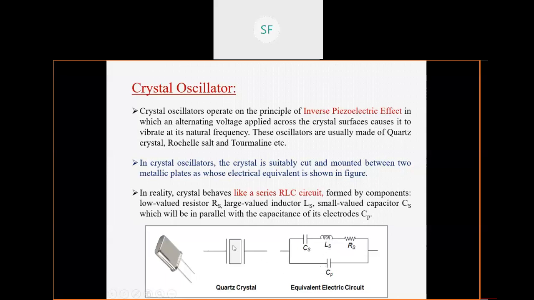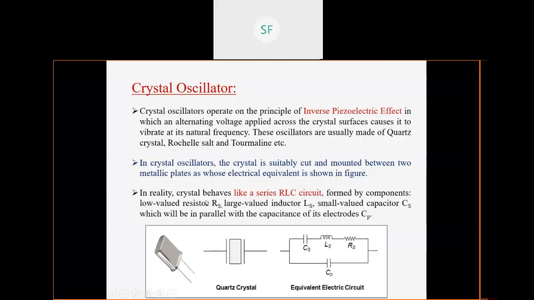Similarly, due to these two metallic plates, a capacitance will also be generated, and it will be parallel to these three series components. This parallel component is called the parallel capacitor, CP. This is the series capacitor, series inductor and series resistor. So this is the equivalent circuit of the quartz crystal.